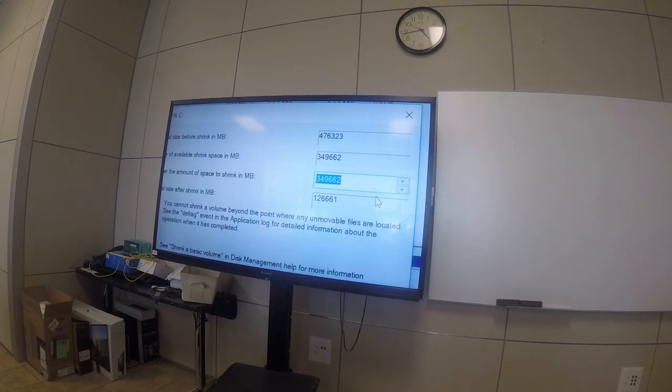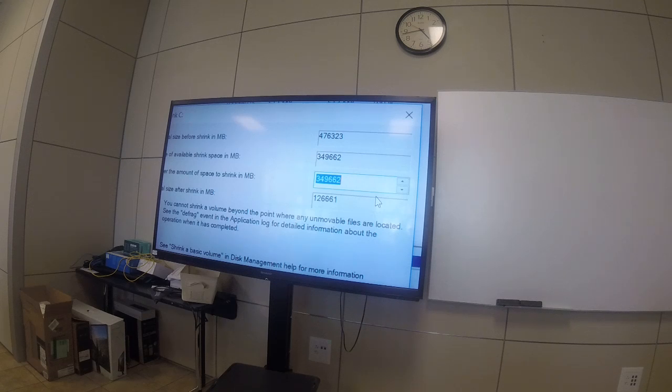But if this was still the SSD that was in there and not this disk, I would not have any way of knowing that those files were scattered around the first 126 gigs, even though they only occupied 45. Instead, it would tell me that I'd be able to shrink it all the way down to 45, because it doesn't matter where those files are located on the disk.